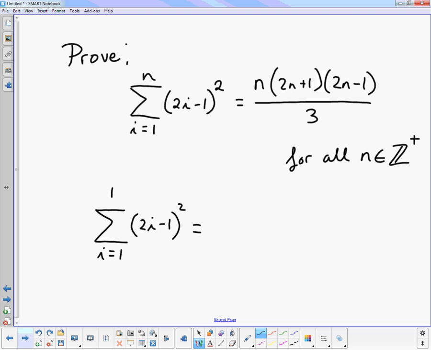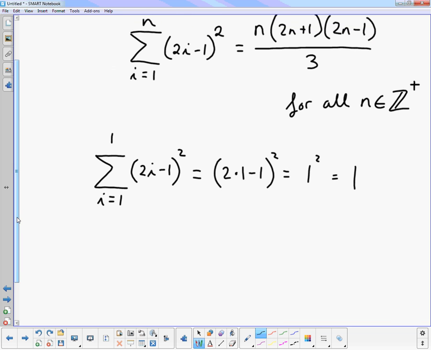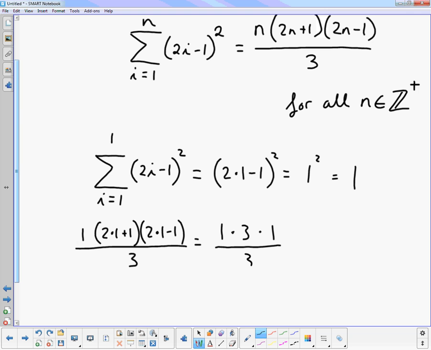So this just becomes, and now we show that it's equal to the right-hand side. And okay, so the base case held.